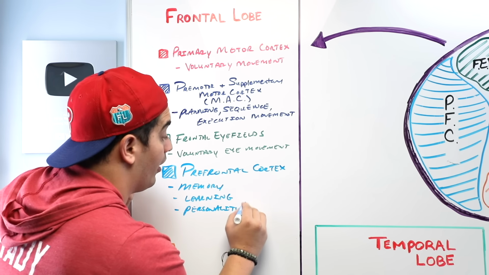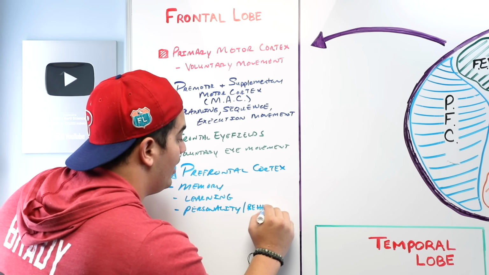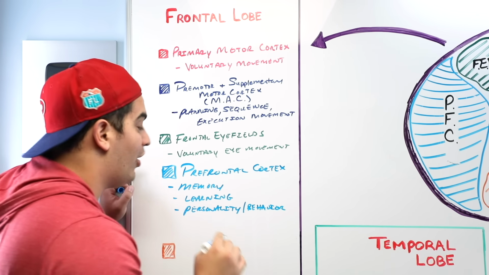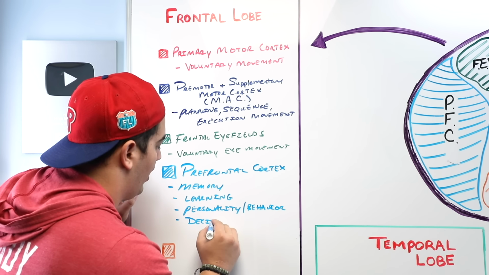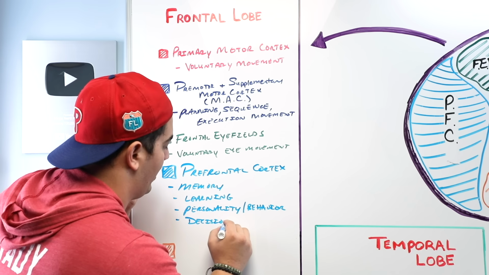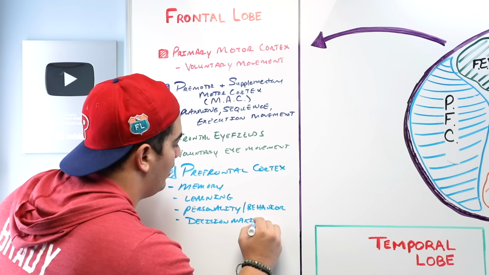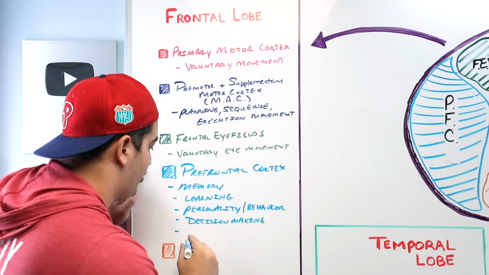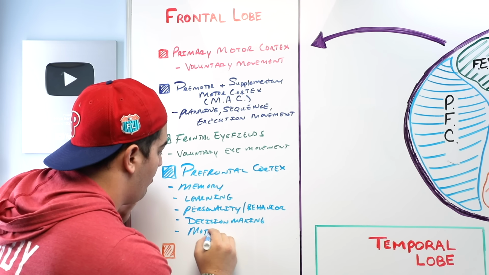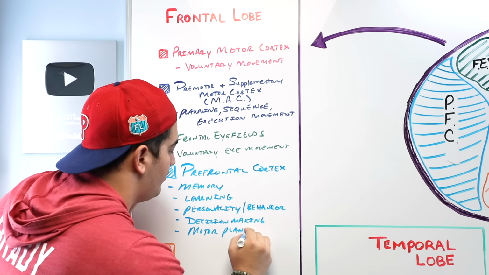And even our behavior. And it is also involved in our judgment, our reasoning, or kind of we can say decision making, right? So it's also involved in our decision making. And last but not least, it even has some type of input that it can send to your motor association cortex that is involved in motor planning.